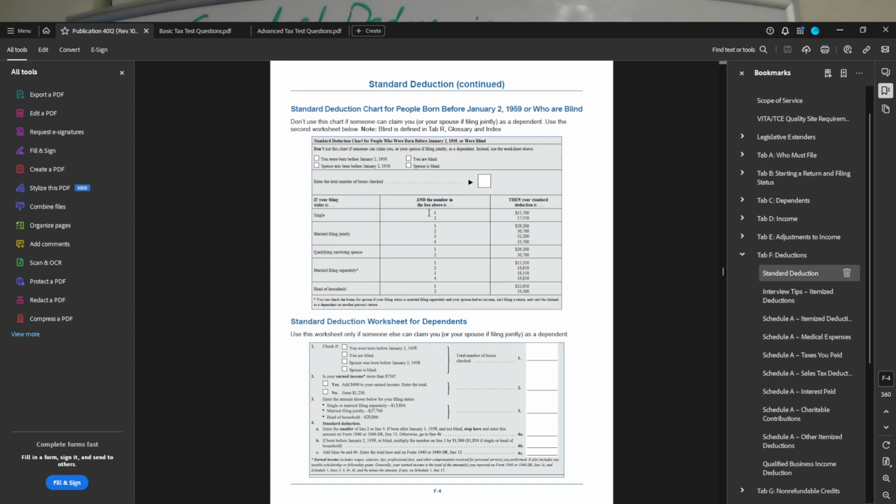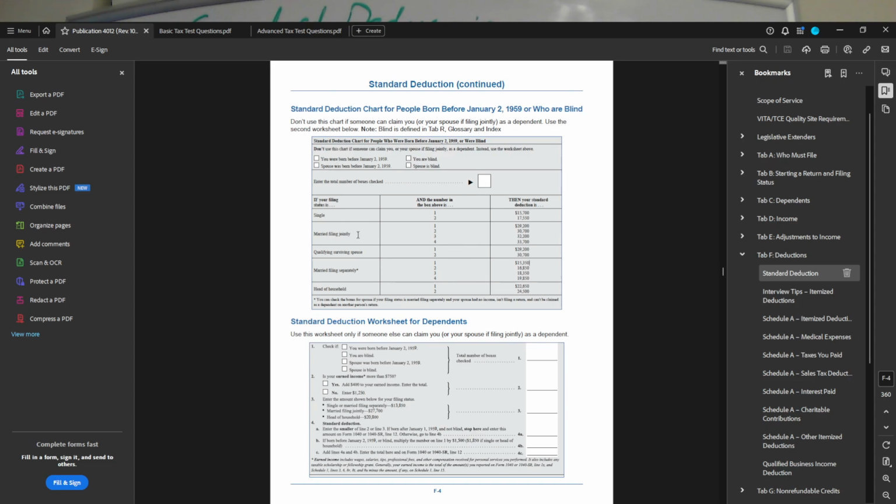If you are one of those things and you are single, your standard deduction is $15,700. If you're married filing separately and you're blind, then it's slightly different: $15,350. It doesn't correlate in any set way. It's not like just add 15 or anything like that. So you really need to use this chart.